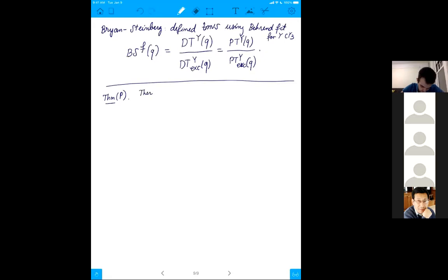So there are proper algebraic spaces, F and Y beta, parametrizing BS pairs with natural virtual fundamental classes that recover the Bryan-Steinberg definition when Y is Calabi-Yau.